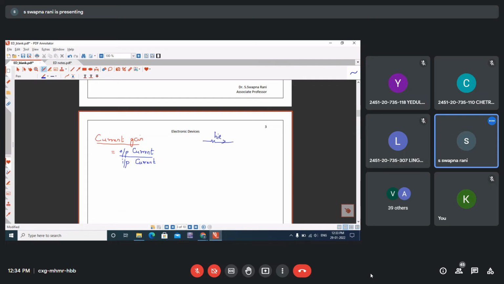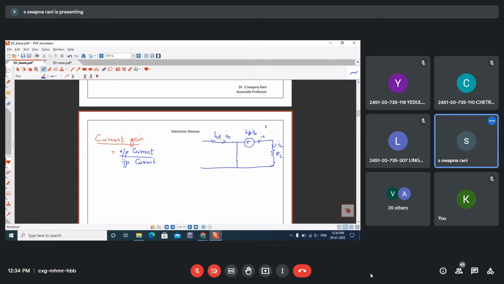HFE, IB, this is IC, HFE into IB, IL, RL. So many times I am drawing the circuit.